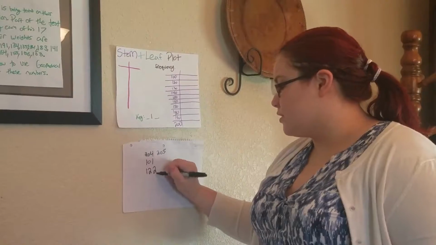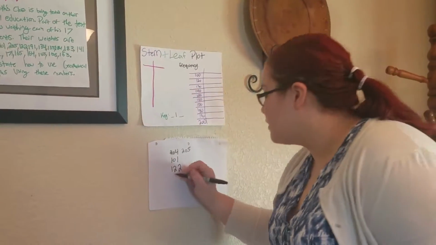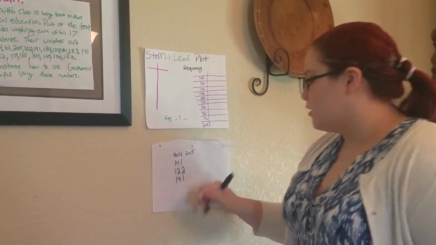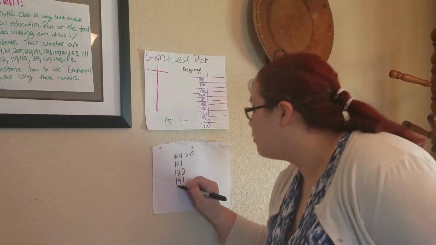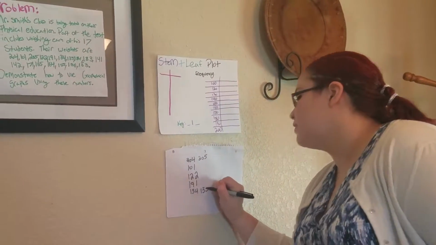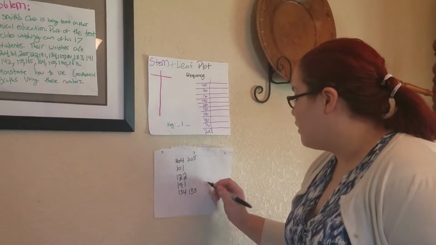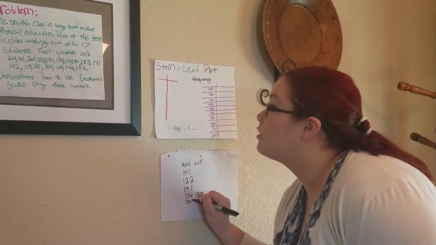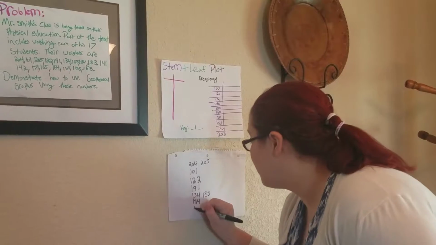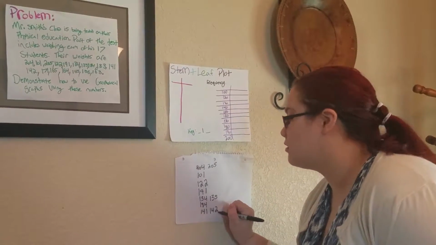Because there's a 2 in the tens value, we're going to separate that. 191 is separate because it's in the nineties. 134 is separate. But 135, we're going to put next to it because we've got 13, 13. Then 184, 141. We'll put 142 next to it.